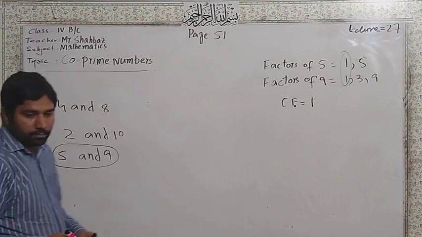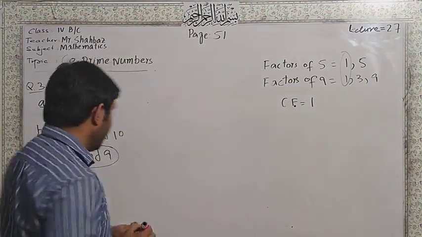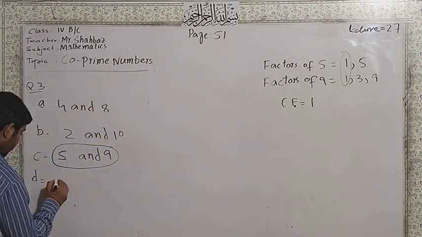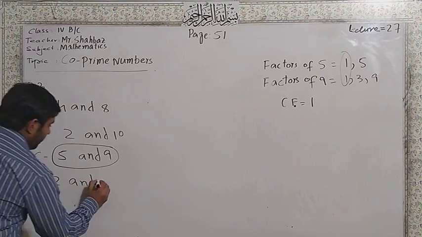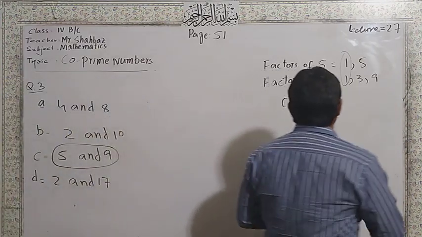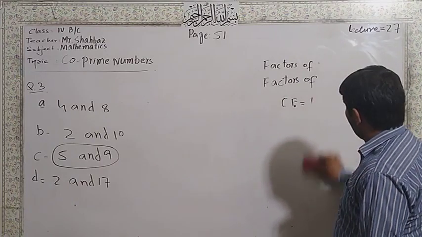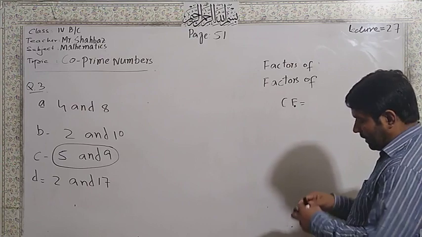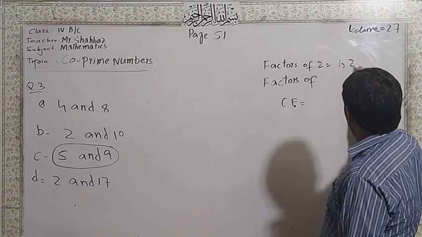D. In D you have 2 and 17. So again you will check there. Factors of 2: 1 and 2.